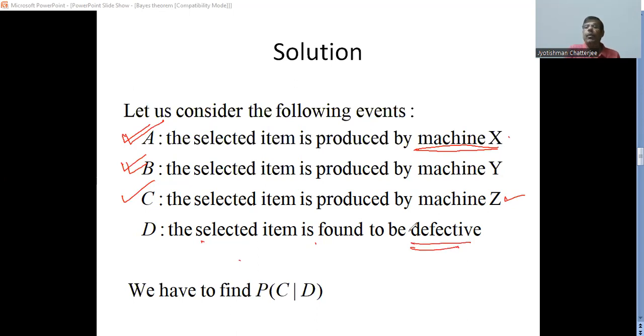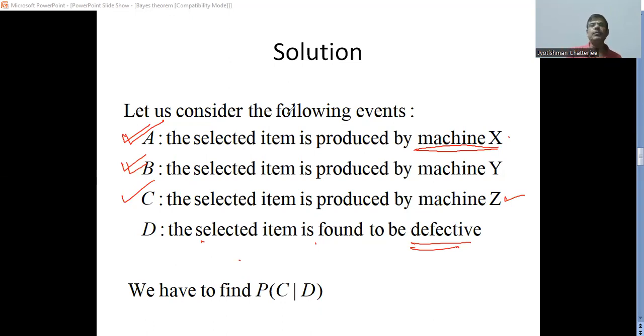Okay. Now, when the inspector picks up an item, the event D might occur or may not occur. The item may be defective or may not be defective. And that's true for all these events. The picked up item might have been produced by machine X or machine Y or machine Z, or it may be defective.